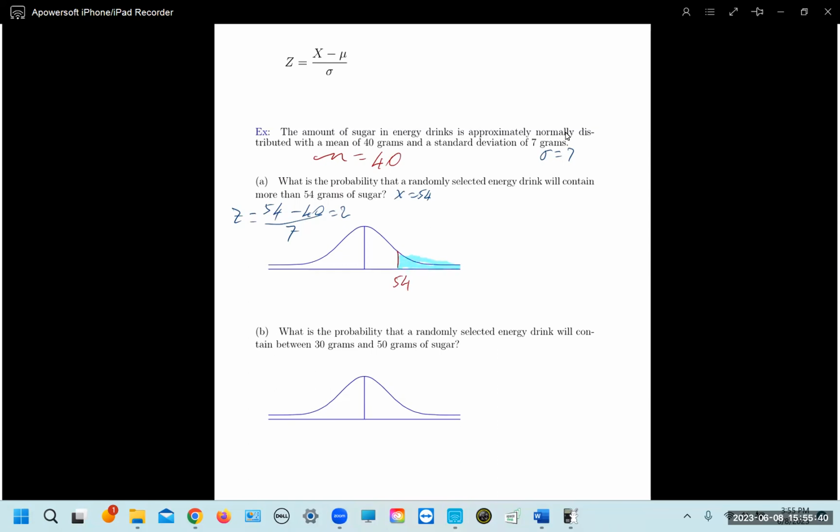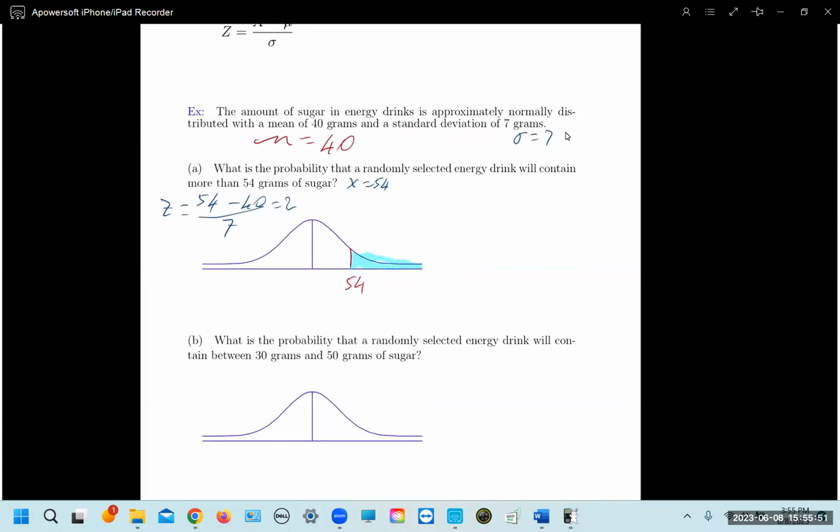Either you can use the table, or we can use the calculator. How about we use the calculator, it's easier. So we do the same thing with the calculator.